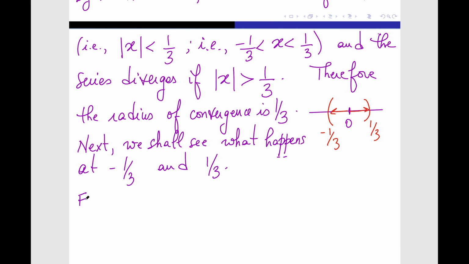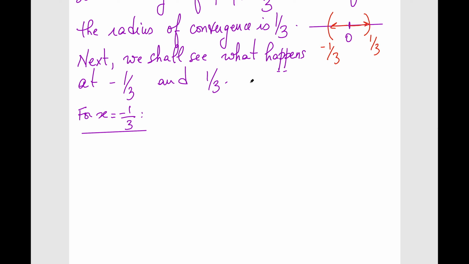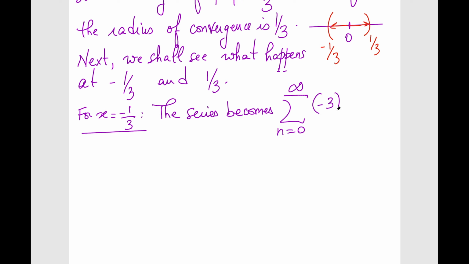Let's consider the first case, x equals minus 1/3. Well, when x is minus 1/3, what happens to the series? I'm going to replace x by minus 1/3, so the series becomes the series that starts at 0 of minus 3 to the power n times minus 1/3 to the power n, and the whole thing is divided by the square root of n plus 1, right?